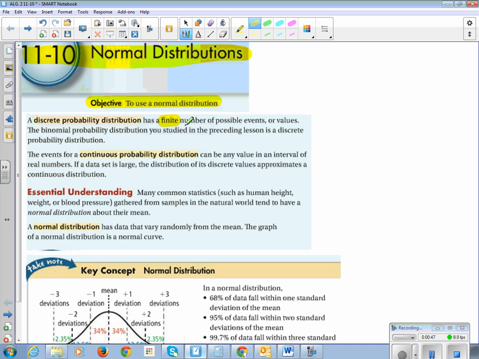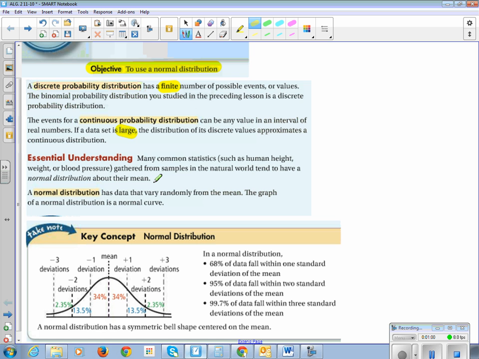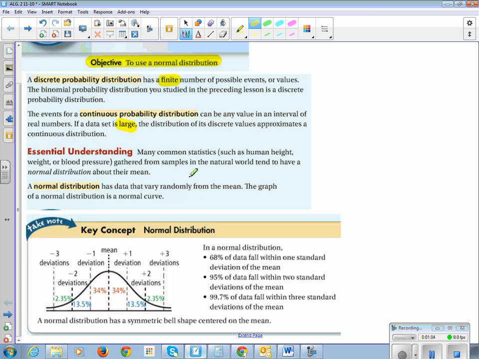If a data set is large, the distribution of discrete values approximates a continuous distribution. So a large data set makes it more likely to behave more like a continuous distribution.